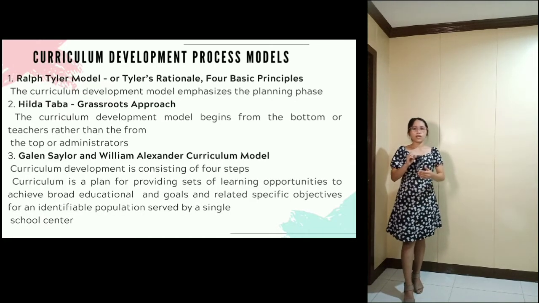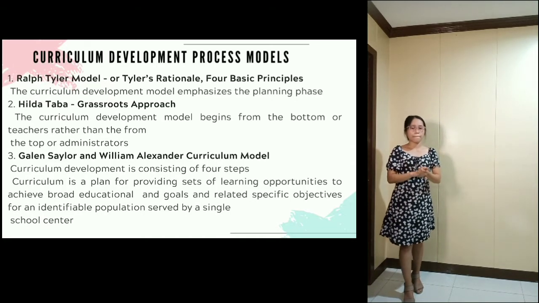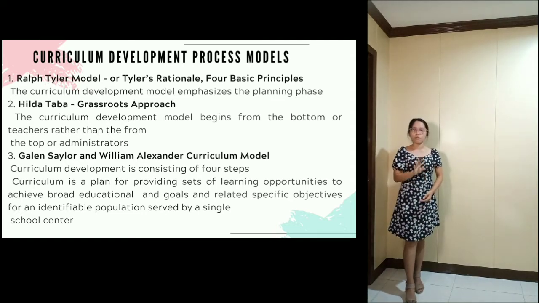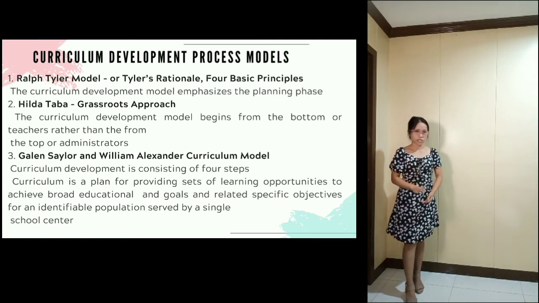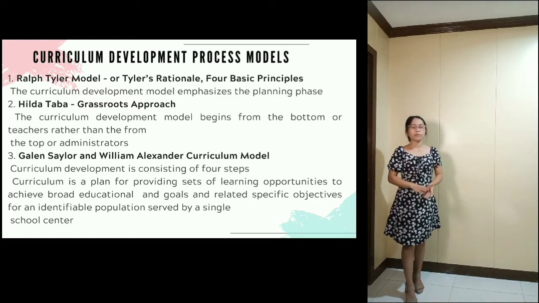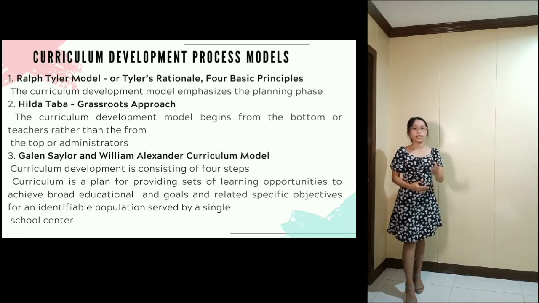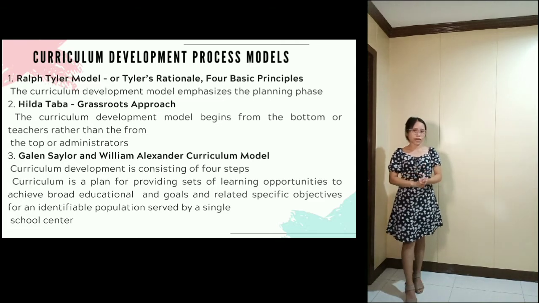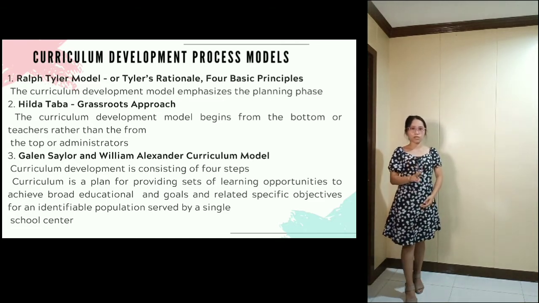So, the curriculum development process, there are three. First is the Ralph Tyler model or Tyler's rationale, the four basic principles. It is the curriculum development model that emphasizes the planning phase. Second is the Hilda Taba, the grassroots approach.